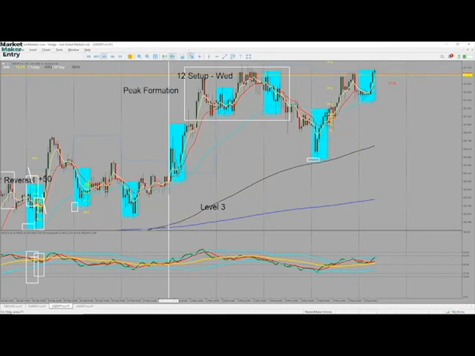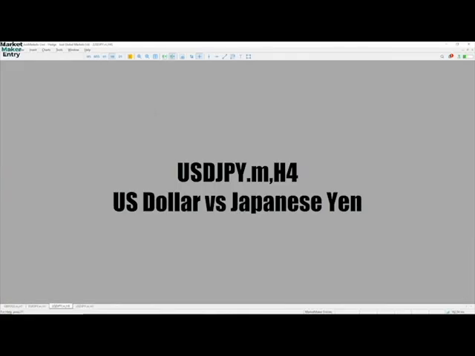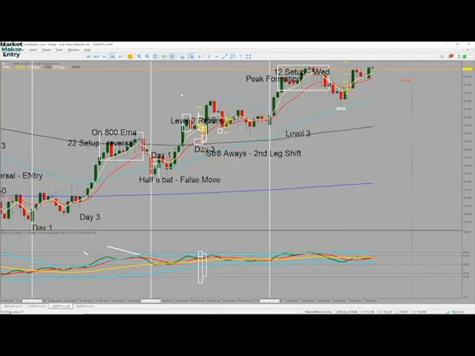Okay, there's a peak formation. So it's just this, just a reversal. And one always forgets to check whether the thing is coming from a peak or what.